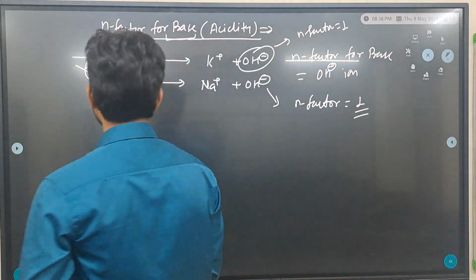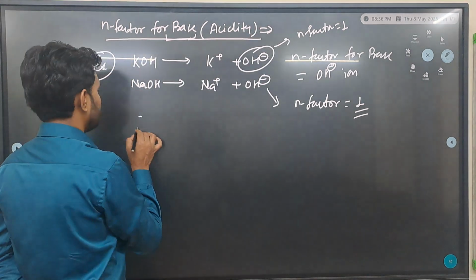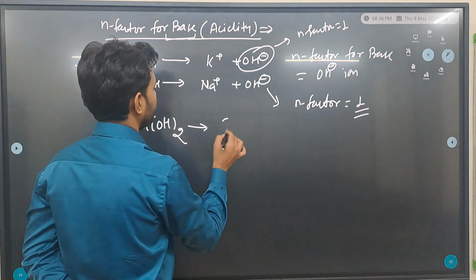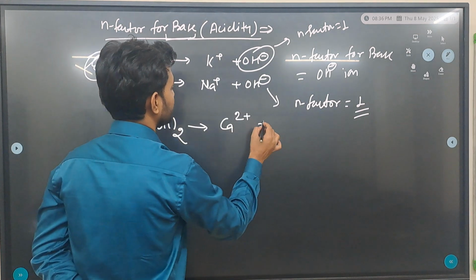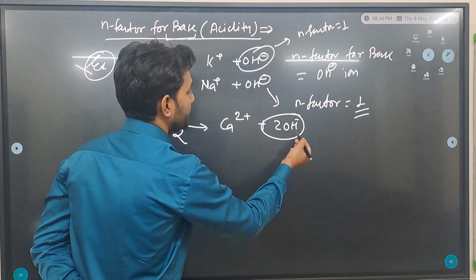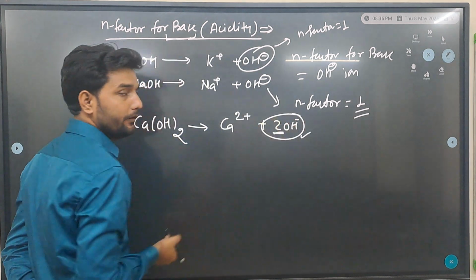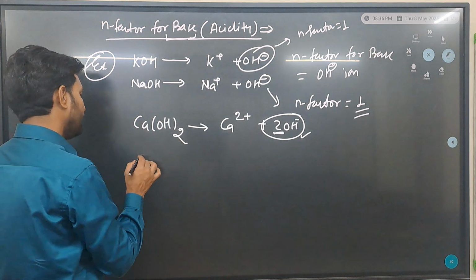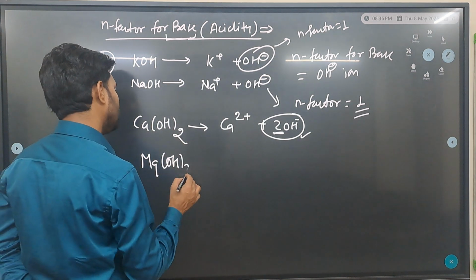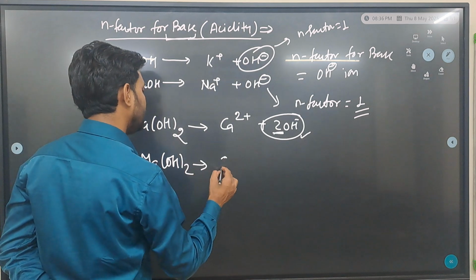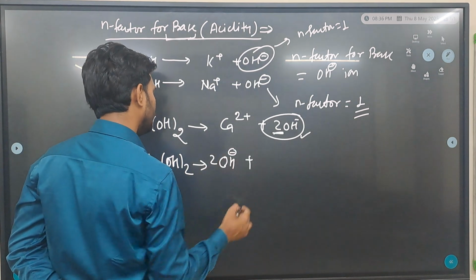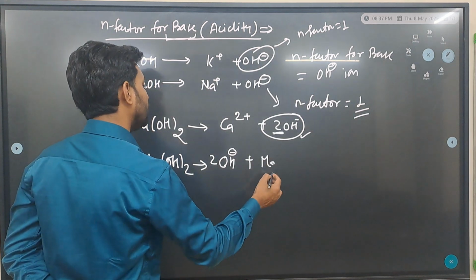Okay. Like if we take Ca(OH)2, it gives Ca 2 positive ions plus 2 OH negative ions, so the n factor will be 2.